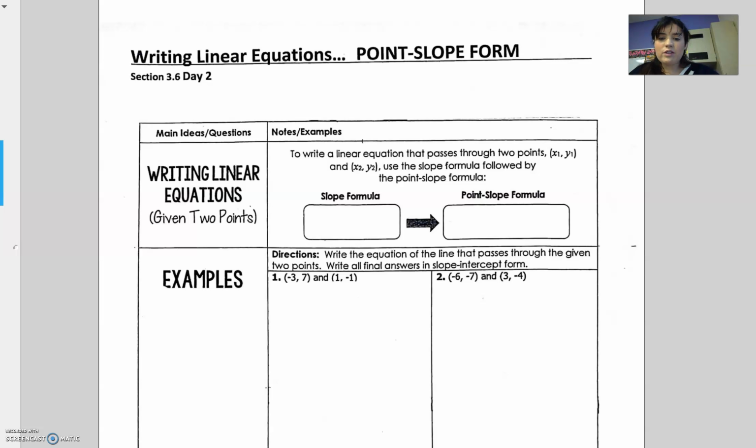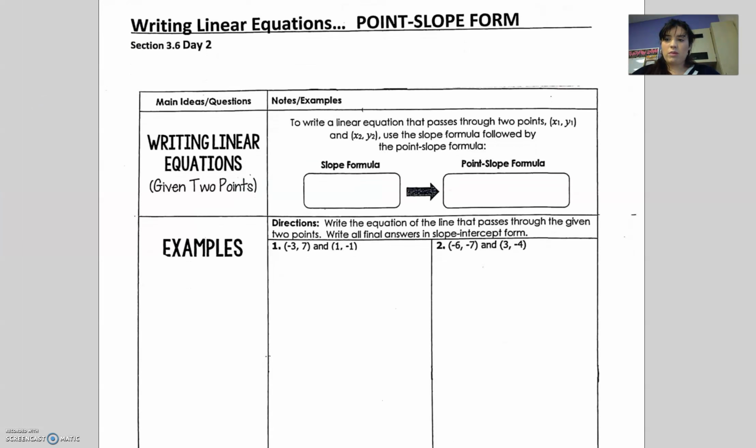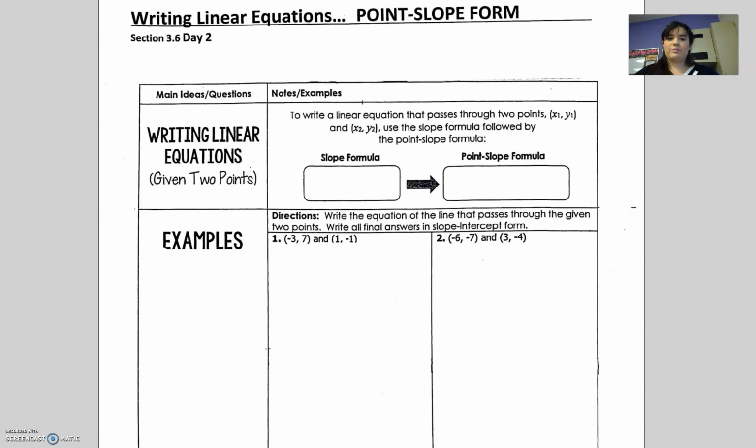Okay, so we're going to go down here to our worksheet. Now you should have this worksheet. This is not something new. We passed this out in class. Okay, so we're writing a linear equation that passes through 2 points. We're using the slope formula and the point-slope formula.